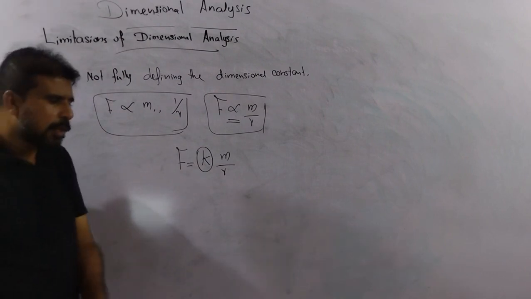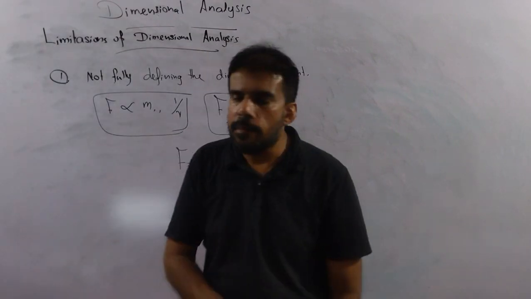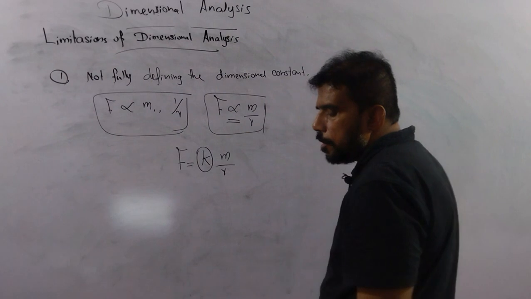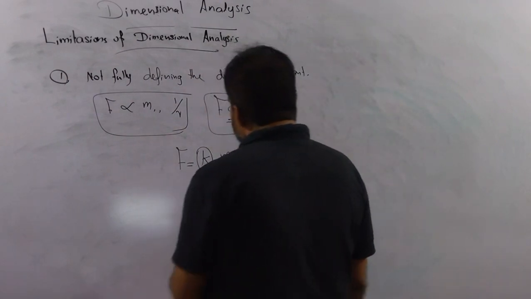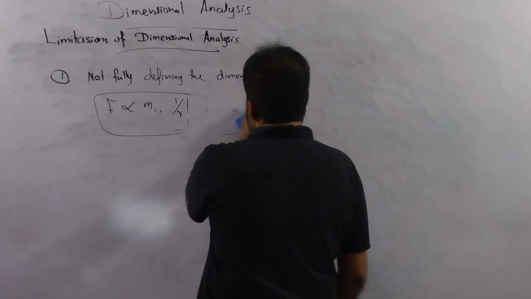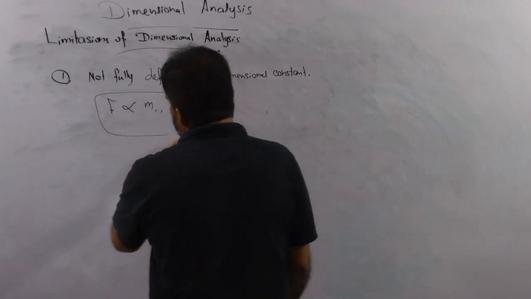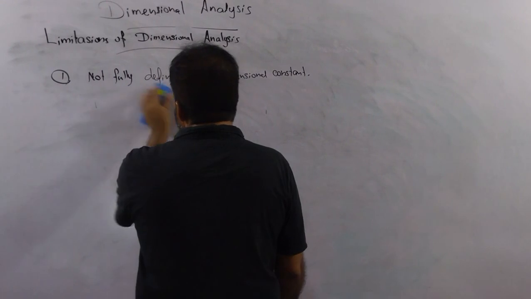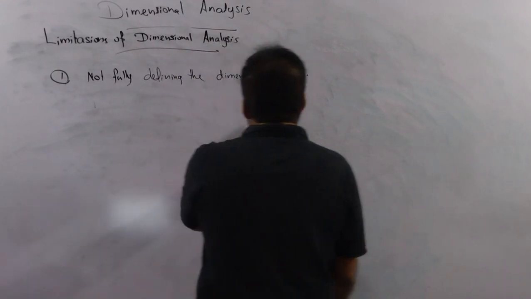Next thing is that dimensional analysis does not give you an idea about the physical quantity, whether it's a vector or a scalar. But here I cannot explain it with pictures or any explanation. It's like this.